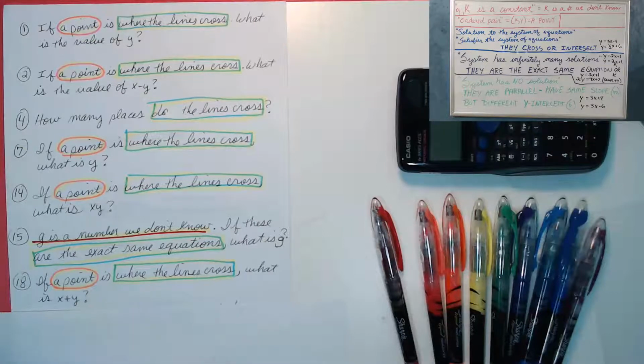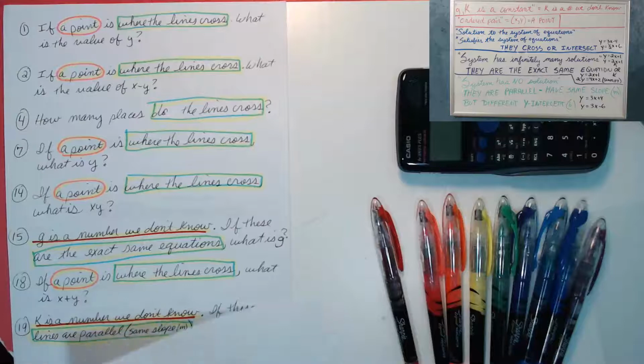Notice the sum of x and y is another fancy way of saying x plus y. What is the sum of x and y? What is x plus y? We have one more. One more, 19.